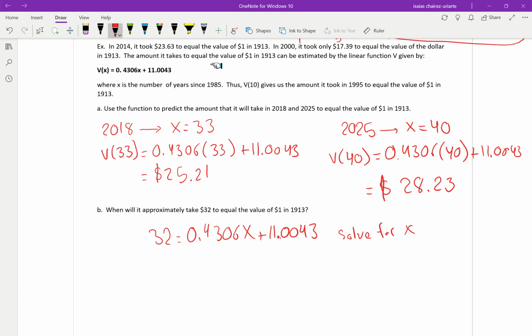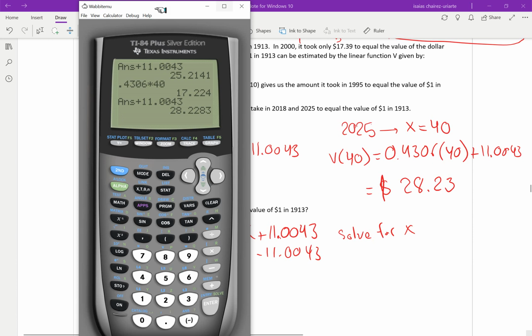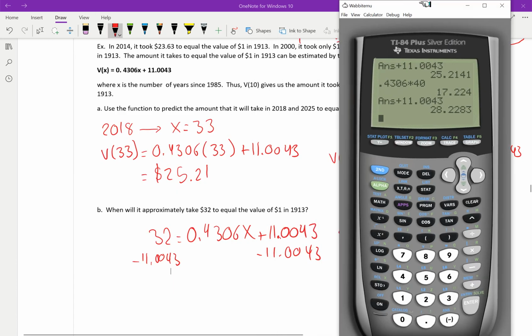Okay, well, let's solve for x then. Let me begin by subtracting 11.0043. Okay, use my calculator. So we have 32 minus 11.0043.